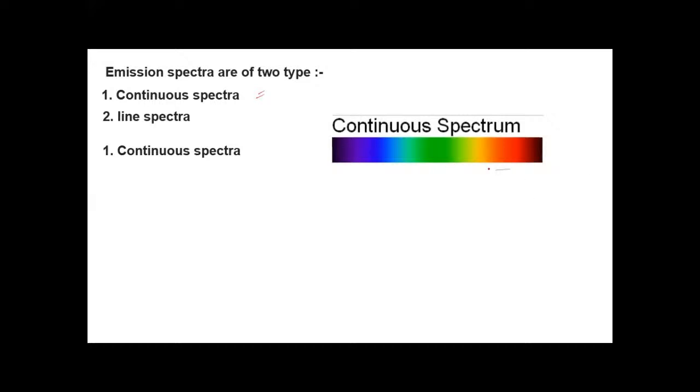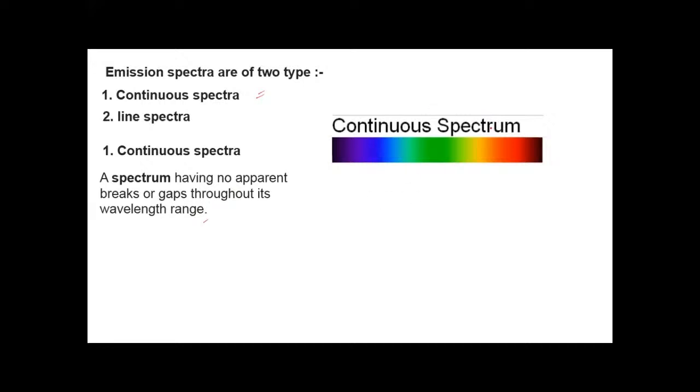That is why we call it continuous spectra. So what is continuous spectra? A spectrum having no apparent break or gap throughout its wavelength range. You can see there is no gap between these wavelengths or frequencies. And one more thing we are able to observe, that each color is merged into the other.